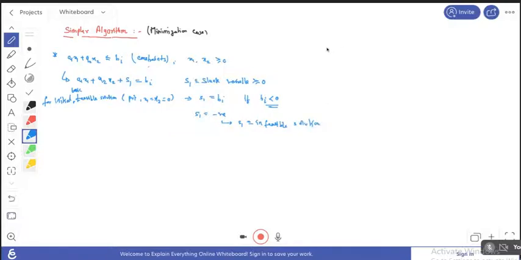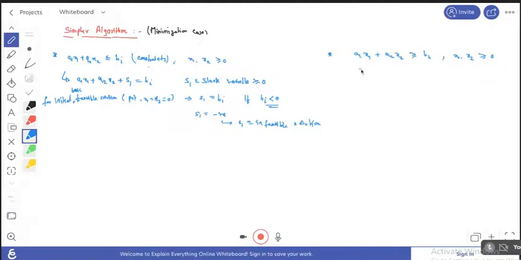On the other hand, suppose our problem is of greater-than-or-equal-to type inequality. If our equation is a simple one, we can write it as greater than or equal to something, b1 or bi, whatever you want to write here, and x1 and x2 are of course greater than or equal to 0.